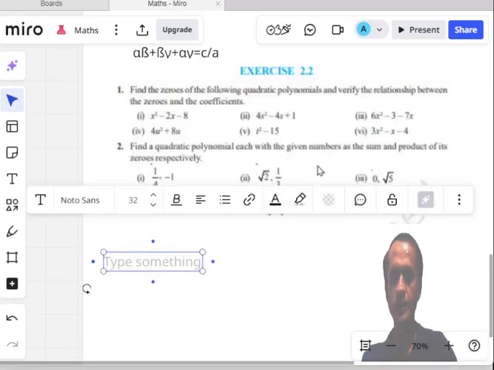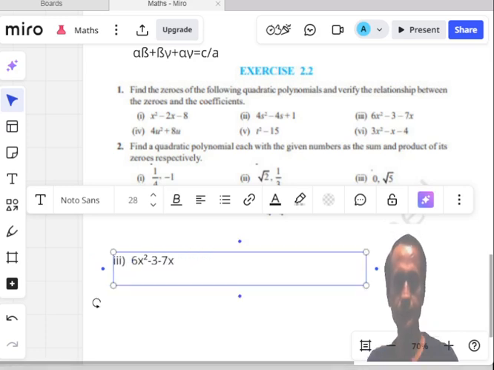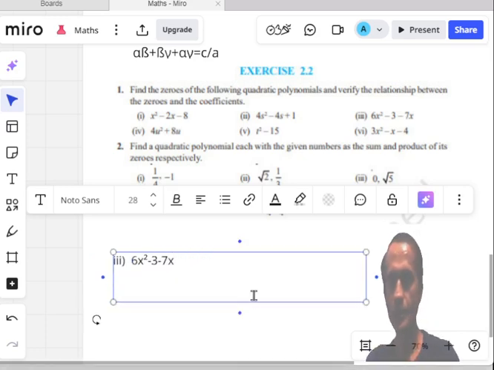So let us take the third one, exercise 2.2, question 1, third section. This is the equation and it's a quadratic equation.